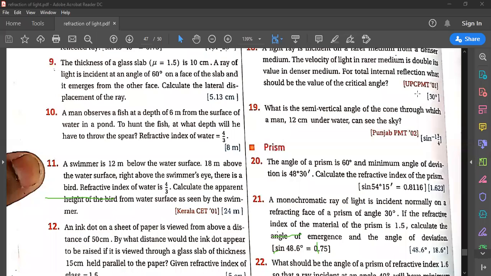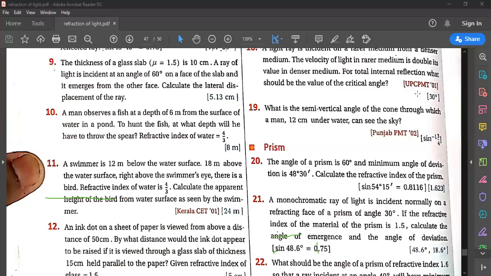Does this 12 meter have anything to do with the problem? No, sir. The swimmer's displacement below the surface has nothing to do with the problem. Only the 18 meter matters. The distance of the bird from the water surface, 18 meter, is the actual height of the bird. The refractive index of water, 4 by 3, is given.